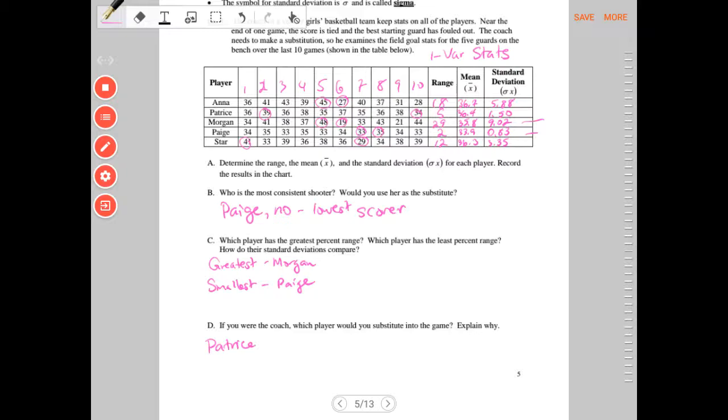Patrice had the second highest points percentage, and she also has the second lowest standard deviation. So what does that mean? That means that she consistently gets fairly high scores. So she's my choice for who I'd substitute in.